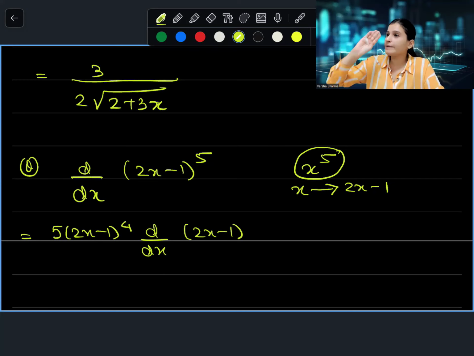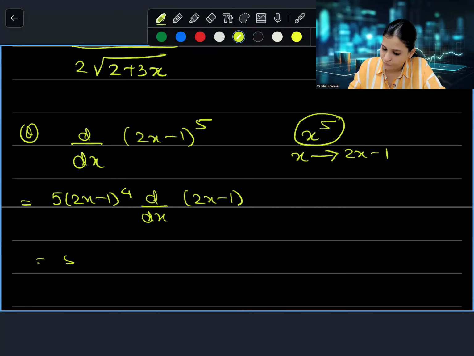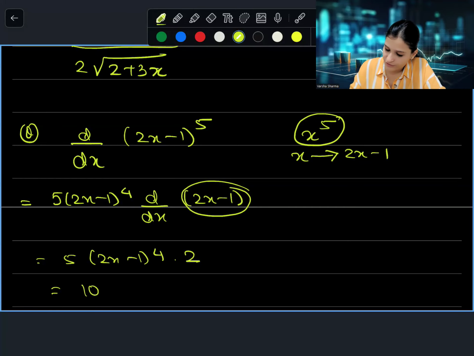Power 5 has already been treated, so the only thing I need to differentiate again is the expression instead of x. So 5 (2x minus 1) whole power 4, into differentiation of this, so 10 (2x minus 1) whole power 4. Is it okay? Yes, ma'am.